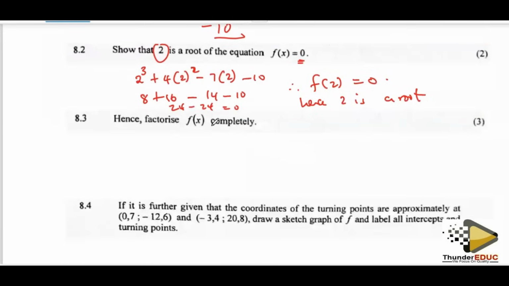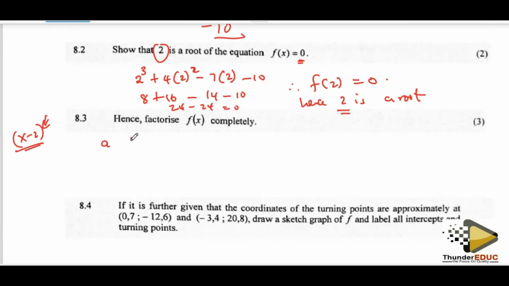And then hence factorize. So if 2 is one of the roots, for us to find the other roots, you can use your factor formula. If that is our factor, then use your long division. Alternatively, we can use what we call the synthetic approach.